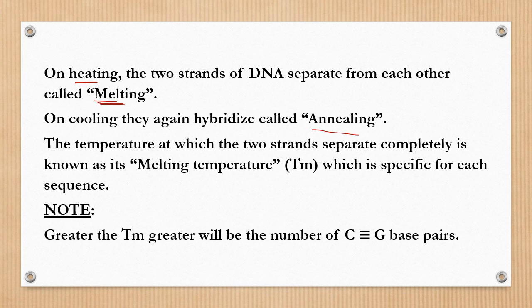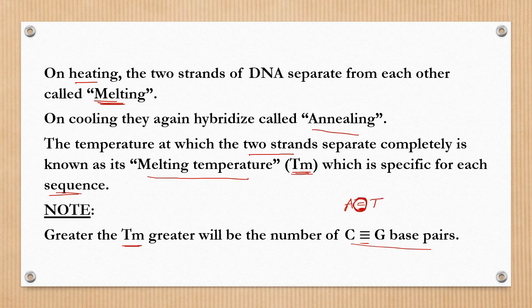The temperature at which the two strands separate is called the melting temperature, represented as Tm, which is specific for each sequence. Note that the greater the Tm, the greater the number of cytosine-guanine base pairs, because cytosine and guanine have 3 hydrogen bonds, whereas adenine and thymine have only 2 hydrogen bonds.